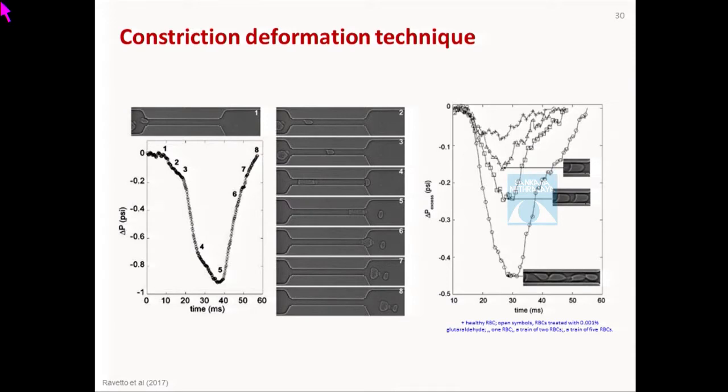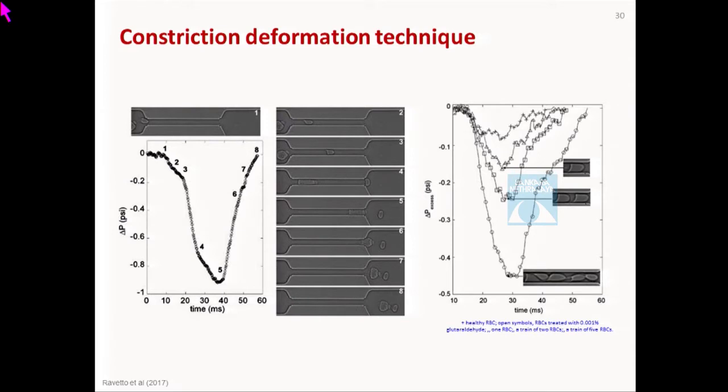And this is, again, a similar constriction-based technique, where here, an RBC followed by a WBC is flowing. And you can see that as a cell approaches the constriction, the pressure starts to fall. And the pressure keeps on decreasing until the cell is about to exit the constriction. So that is where the minimum pressure is, because it is completely blocked there.